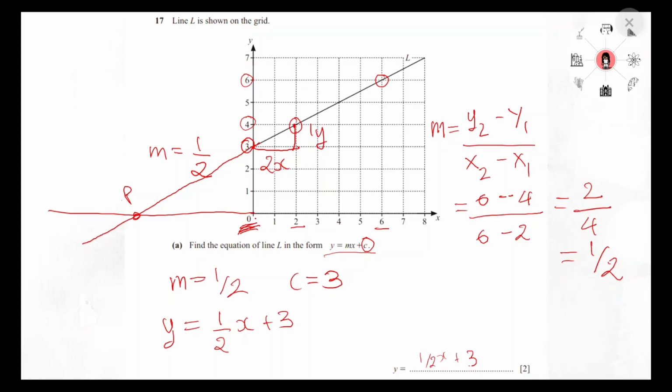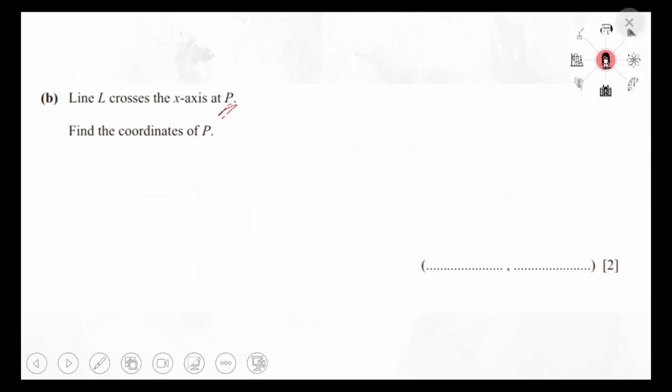So in y equals 1 by 2x plus 3, we can substitute 0 for y, giving us 0 equals 1 by 2x plus 3.